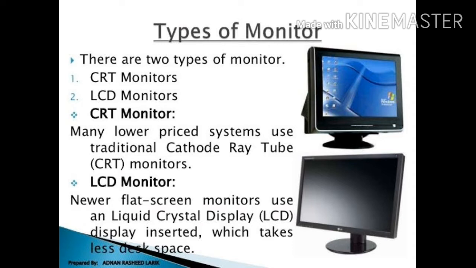And LCD, liquid crystal display monitors, are the flat screen monitors we use nowadays, which take less desk space. Nowadays these are very low priced and not costly, so we use these types of monitors at our homes and schools for observing the output.